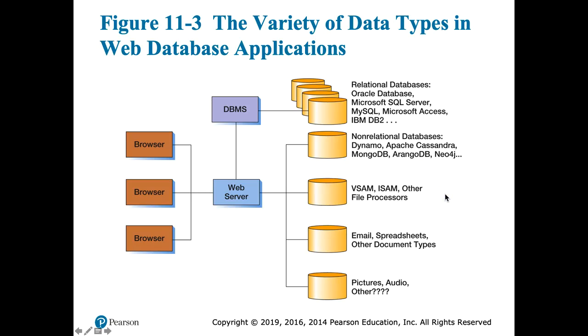In order to do that, there are a few programs that need to work together smoothly. So typically you have the DBMS working with a web server, and the DBMS will manage the relational database, and the web server can connect into other data stores. So that is typically what we are doing.